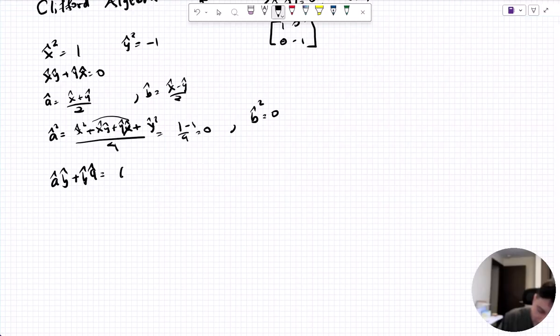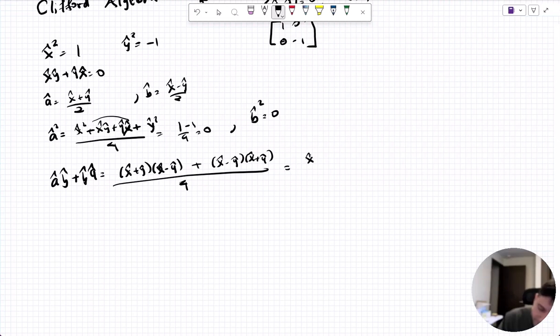So it's going to be equal to (x plus y)(x minus y) plus (x minus y)(x plus y), divided by 4, from which we get x squared minus xy plus yx minus y squared plus x squared plus xy minus yx plus y squared, right?